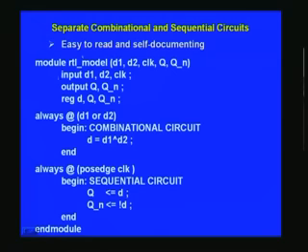Once you identify the actual module and its name, you then list the IOs here, and you can put them in any form that you want. IOs can be in any order that you like, and these are all separated by commas. And this is nothing but a D flip flop which we have already seen. The only thing is we point out here the need to separate out combinational as well as sequential circuits.